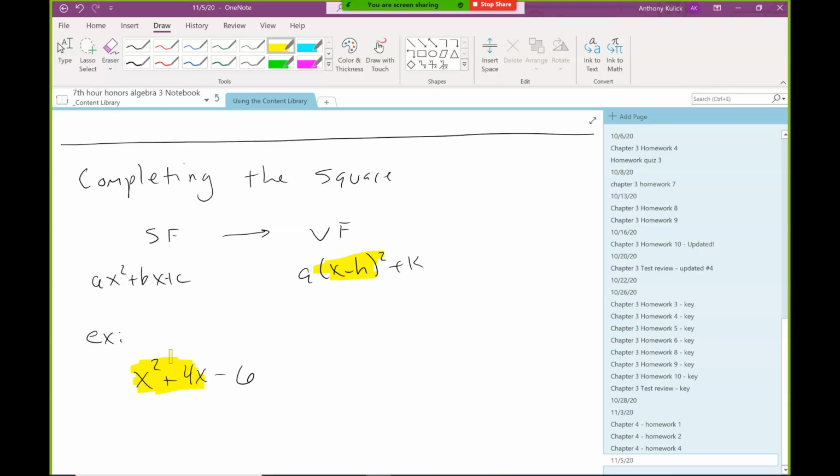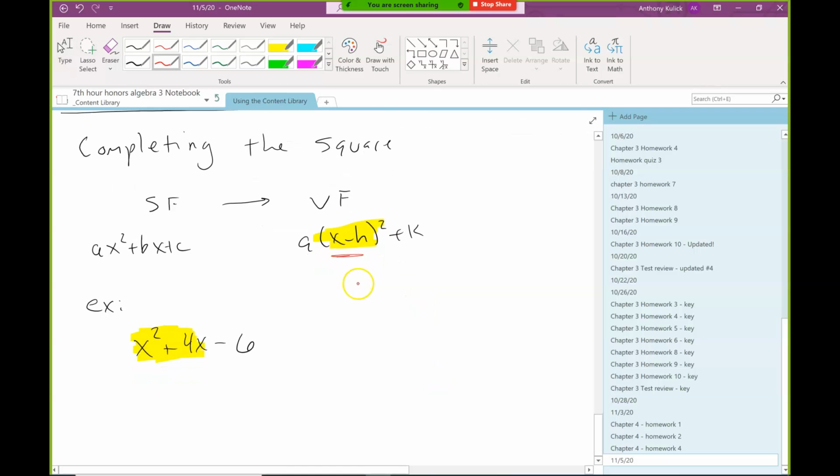The next thing that I want to do is add and subtract a number so that I can do the factoring to get to this. So what does that mean? Well, if I went and FOILed this out, it would look like this, right?